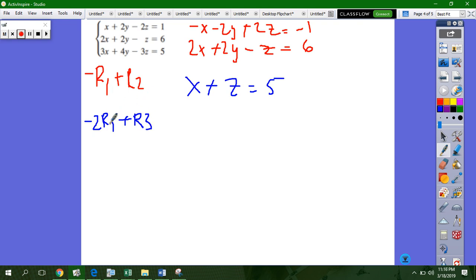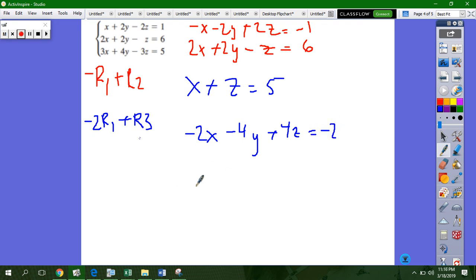Now I'm using row 1 and row 3. I do have to use all three rows, but one of them you're going to have to use twice. So as I multiply that top by -2, here's what I get. I get -2x minus 4y plus 4z, because I'm multiplying by -2, equals -2.